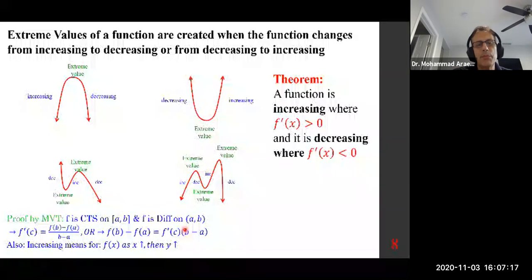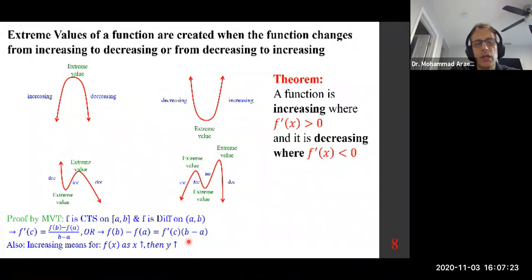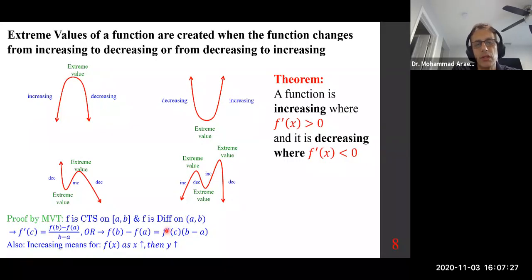So what happens as we go from left to right, assuming a is on the left, then b minus a is positive. If f prime is positive, then the product on the right side is positive. So f of b minus f of a is positive, and f of b is larger than f of a. Believe it or not, that's a proof.